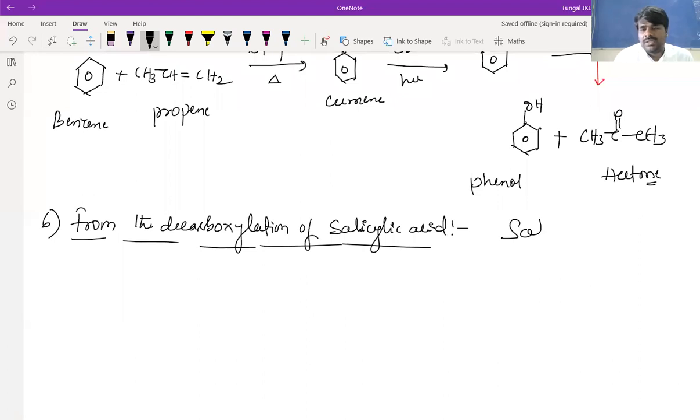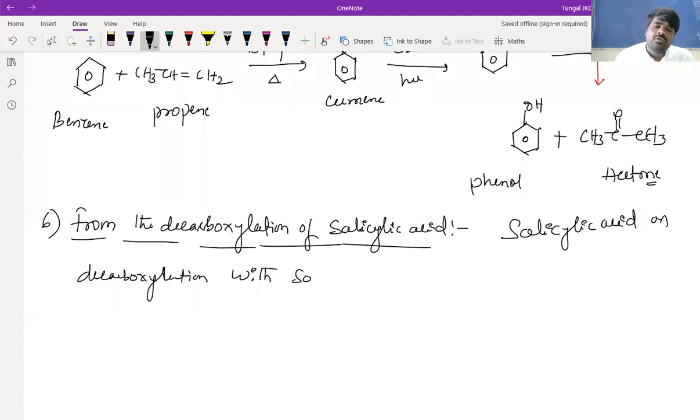Salicylic acid on decarboxylation with soda lime forms phenol.